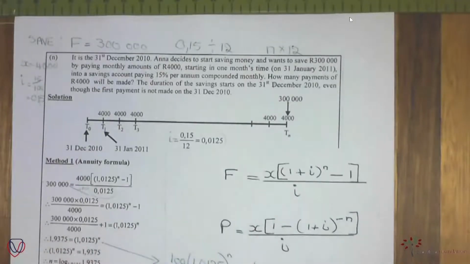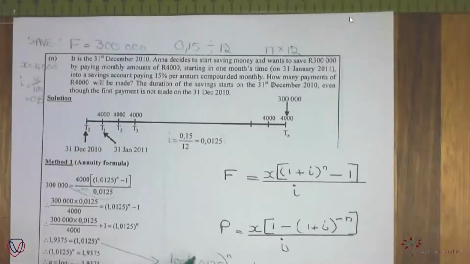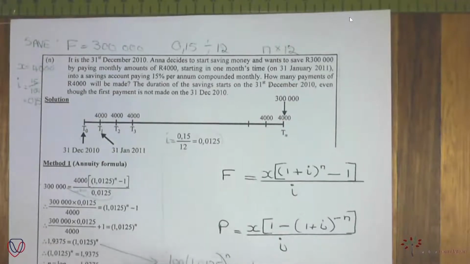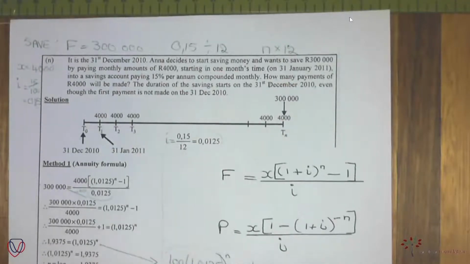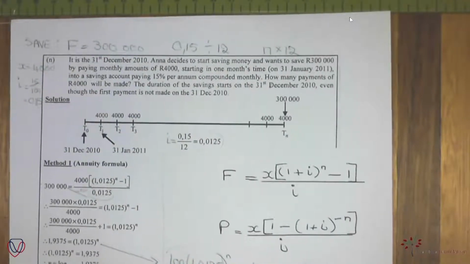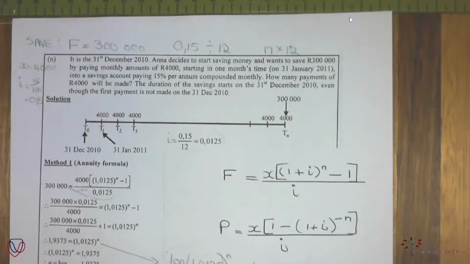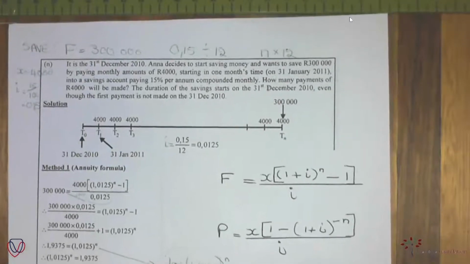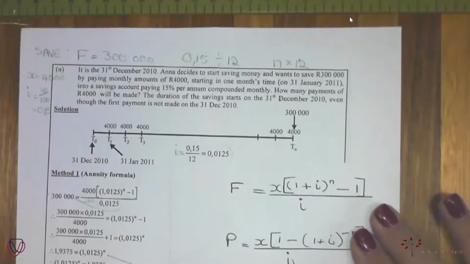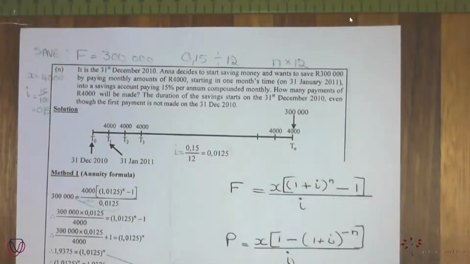Can you see that? Right? And then, what I do now, I want n, so I'm going to put the n in front. And then I'm going to divide that one into this one. And there I will have log 1.0125. Have you got that one? It's the third log one that we're doing, so I hope by now you understand this.